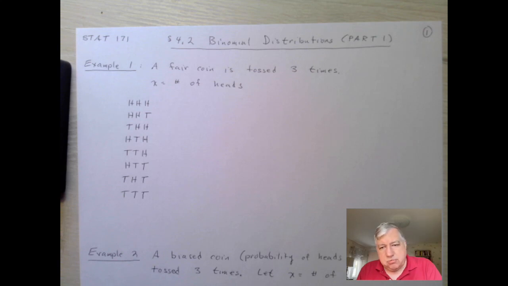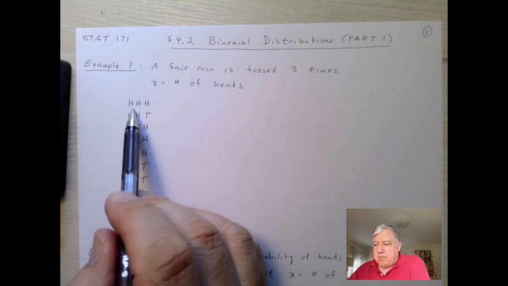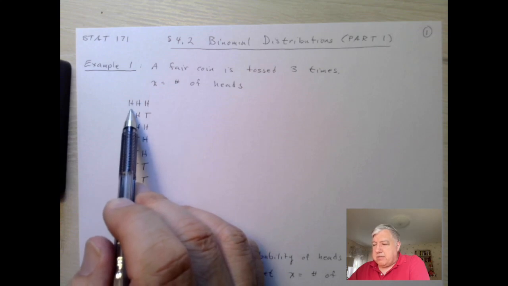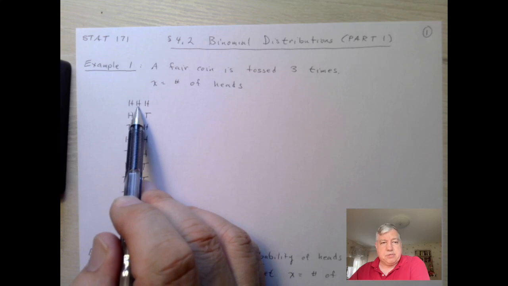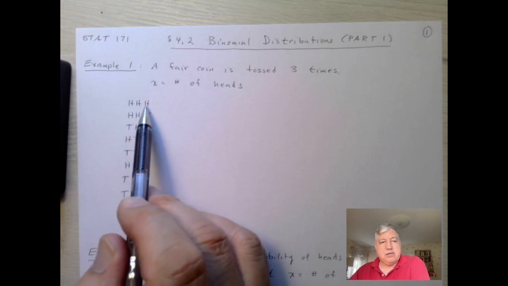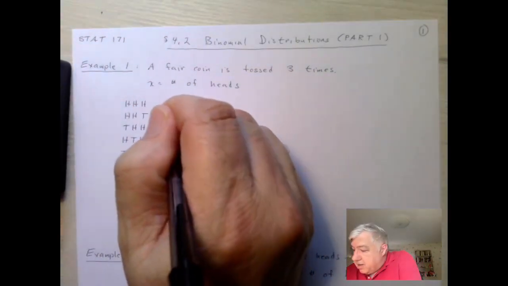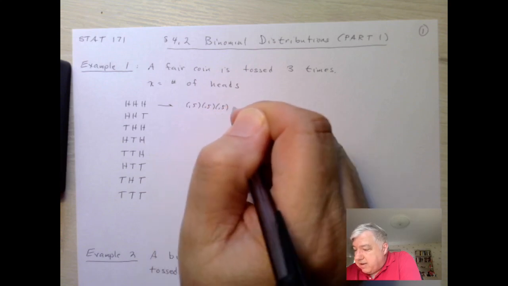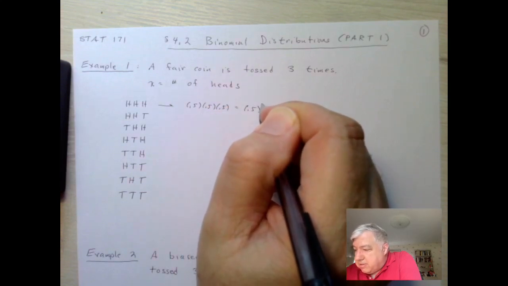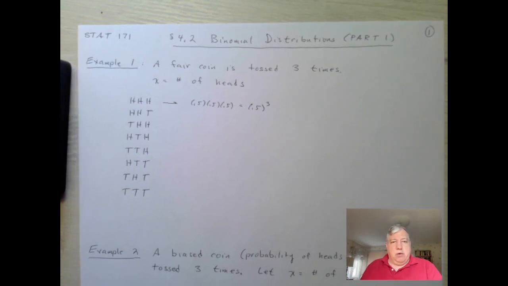But we could also notice that because each toss is independent of the others, we could just calculate the probabilities directly. In this case, the probability of 3 heads would be the probability of the first toss being heads times the probability of the second toss being heads times the probability of the third toss being heads. So this would be 0.5 times 0.5 times 0.5, or just 0.5 cubed, which is 1/8, but that's a little beside the point.